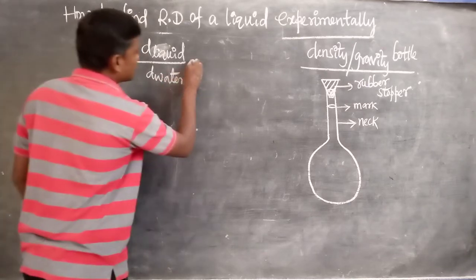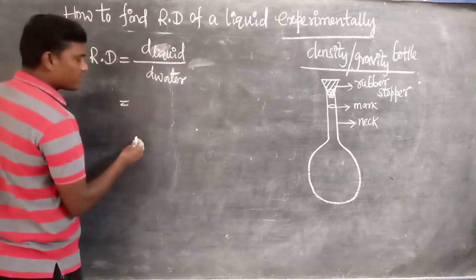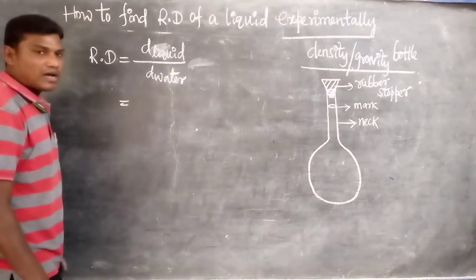So that is equal to the density of the liquid. What is the formula of density? Mass upon volume.